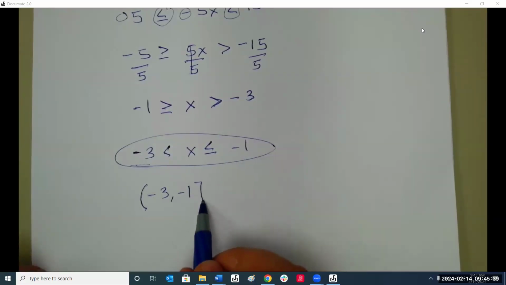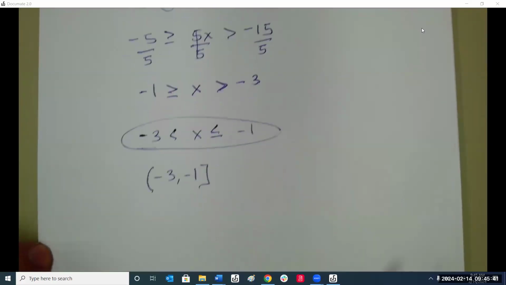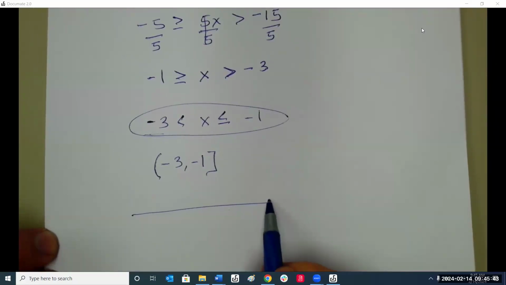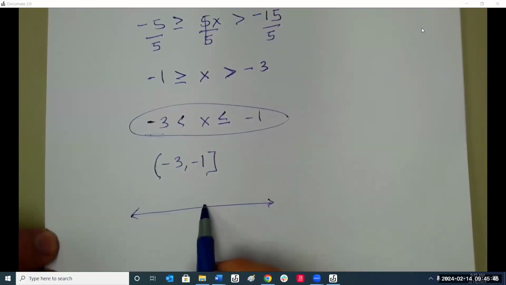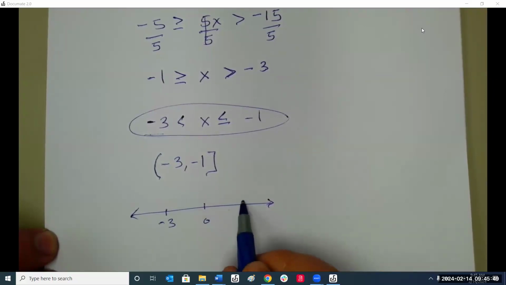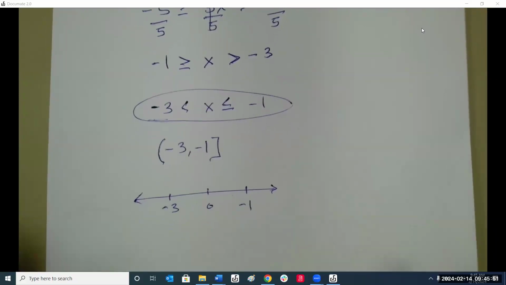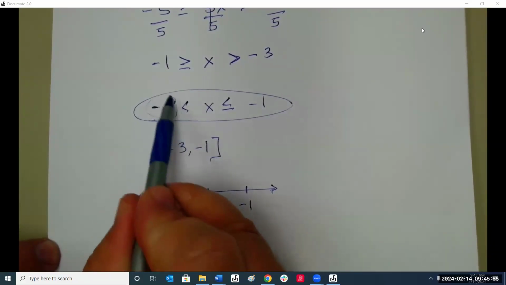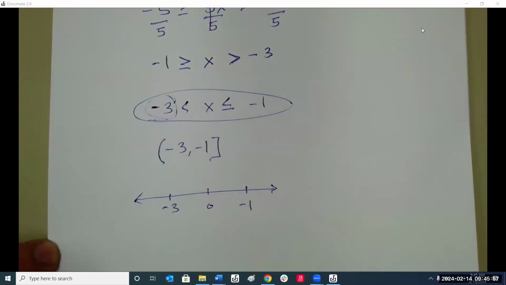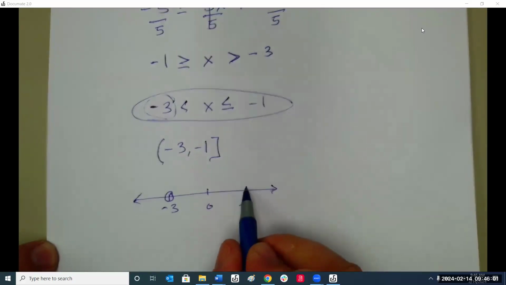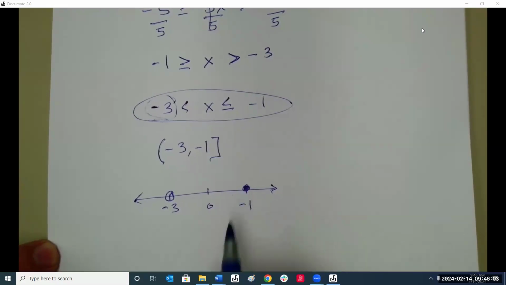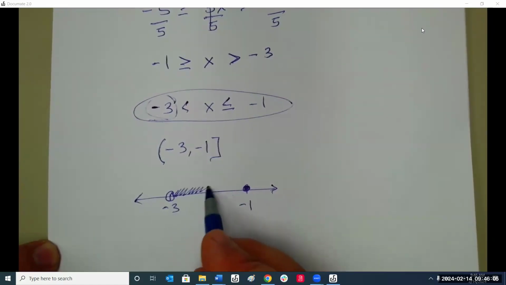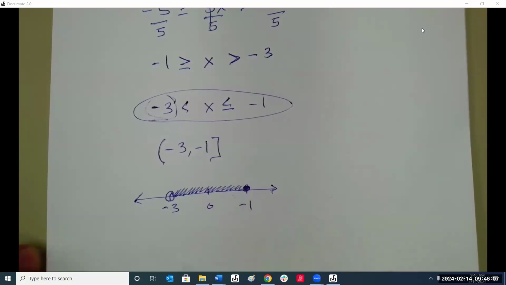The -1 is included. And the graph, do I use -3? No, so it's an open circle. And -1 I use, and my x is between there. So there's the graph.